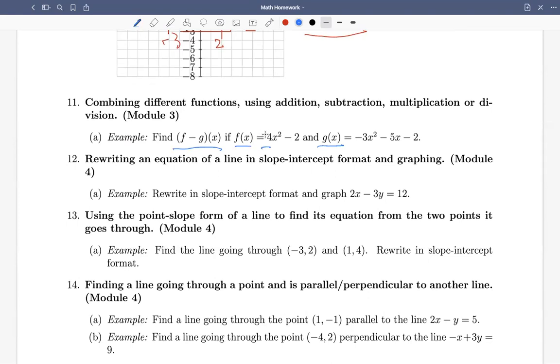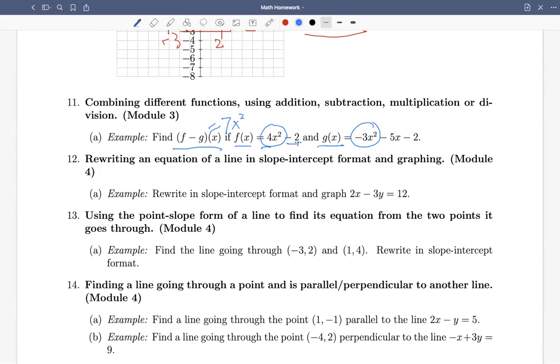Okay, so let's see. So 4x squared minus -3x squared becomes 4x squared plus 3x squared. So we get 7x squared.